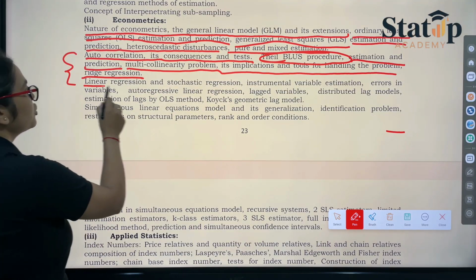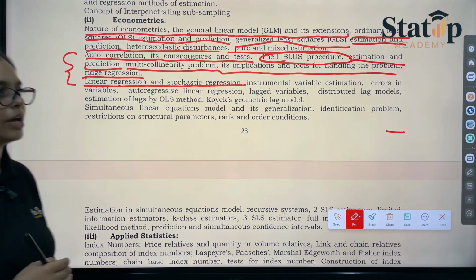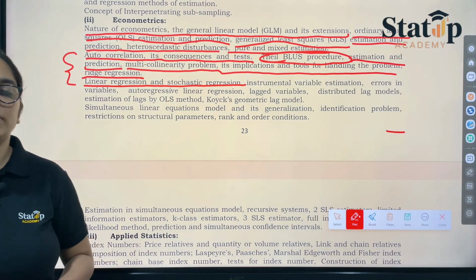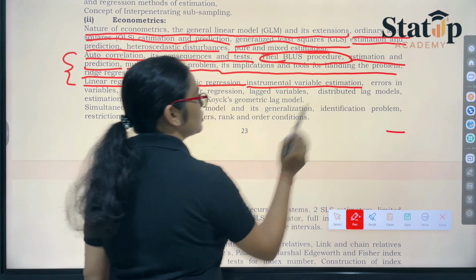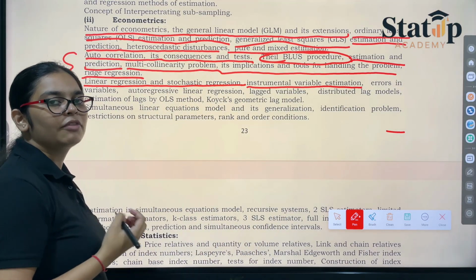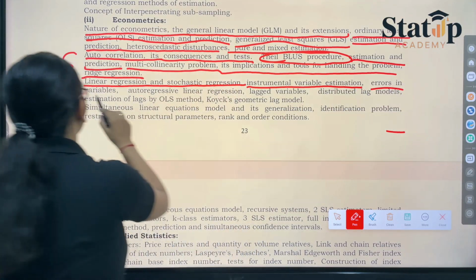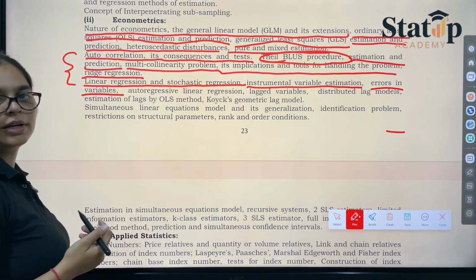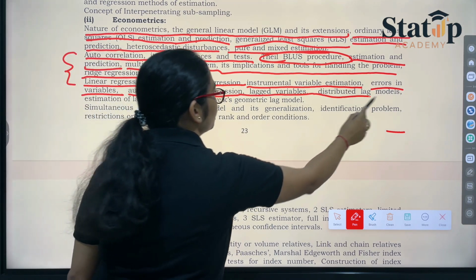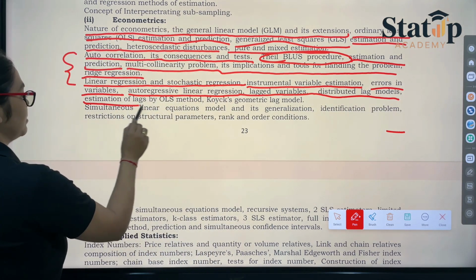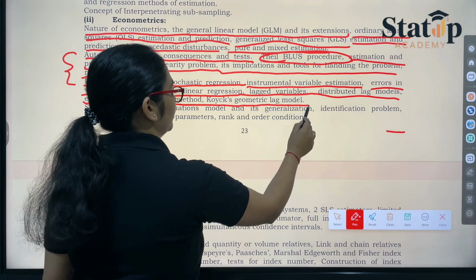Then linear regression and stochastic regression. Linear regression is the simple linear regression model, and stochastic regression covers all those models which come under linear regression. Then instrumental variable estimation, which we have done along with a PYQ. Errors in the variables also we have done with instrumental variables. Autoregressive linear regression, lagged variables, distributed lagged variables, estimation of lags by the OLS method, and Koyck's geometric lag model.